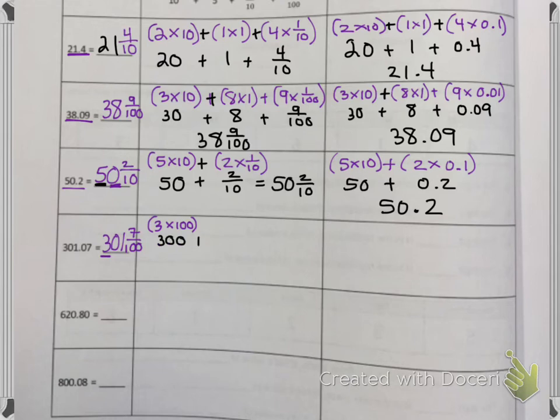That makes a lot of sense for us. We're then going to do the ones because we have a 0 in the tens, so we don't need to do that. It's going to be 1 times 1, which is 1. And then we have 7/100ths. And that equals 301 and 7/100ths. Actually, that wasn't that bad.